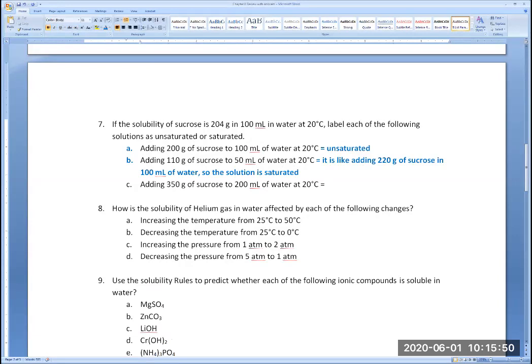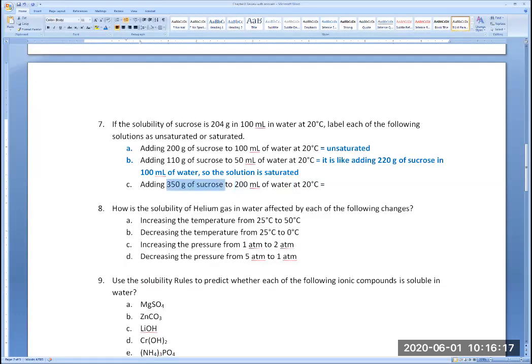Unsaturated. So again, here the amount of water is not the same. So we need to think about what it would be if it was 100 milliliters of water. If it's 100 milliliters of water, it means you are dividing the volume of water by 2. So that means you are dividing the amount of sucrose by 2.